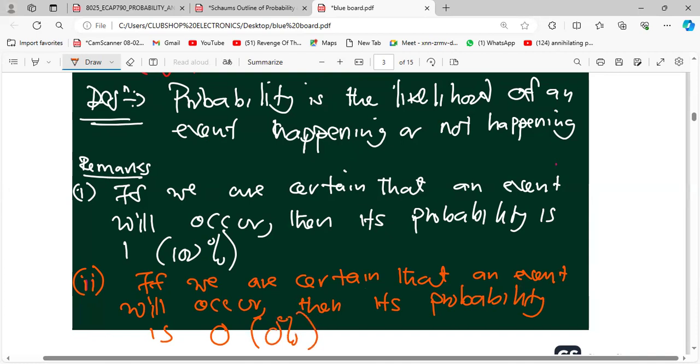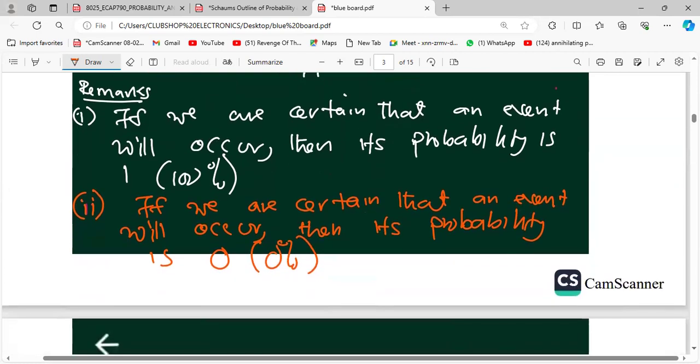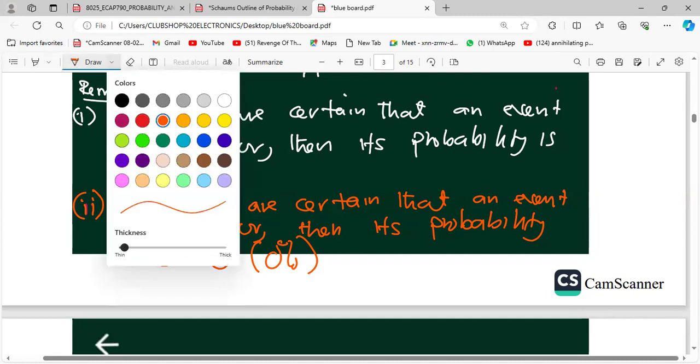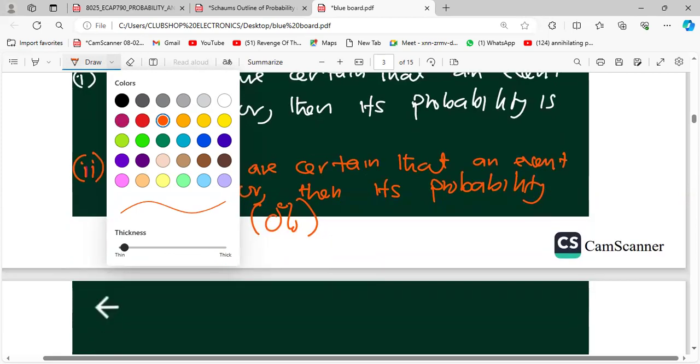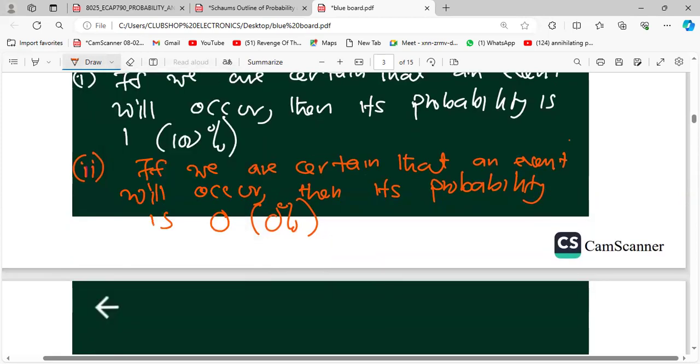For example, we give an example of red pens and green pens. Then if I ask you, what's the probability of getting an apple from that? It can't happen because there are no apples. We are certain that it cannot happen. When we are certain that it cannot happen, the probability of that thing happening is 0. When we are sure, its probability is 1.